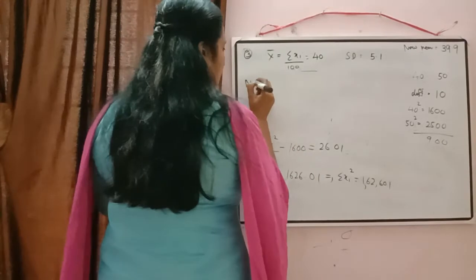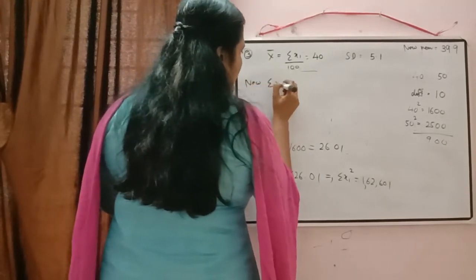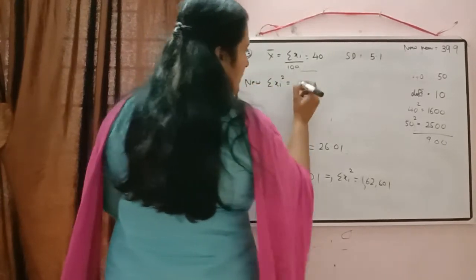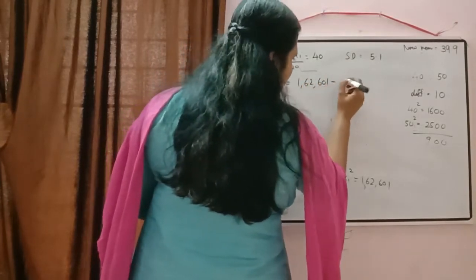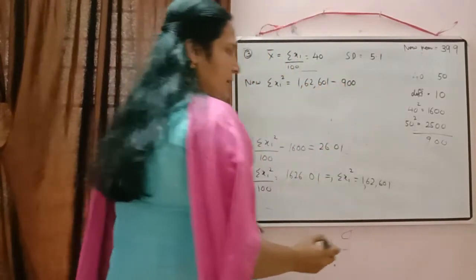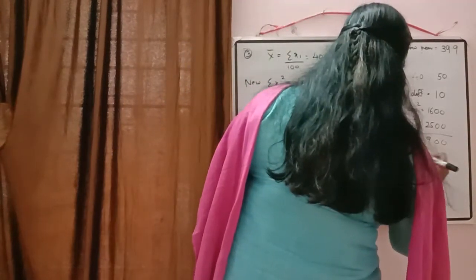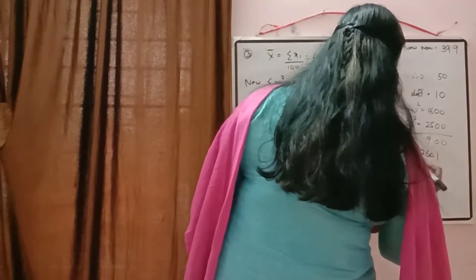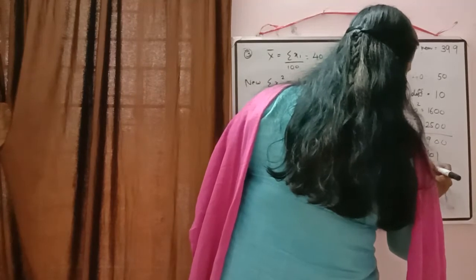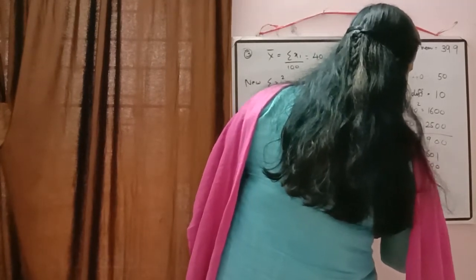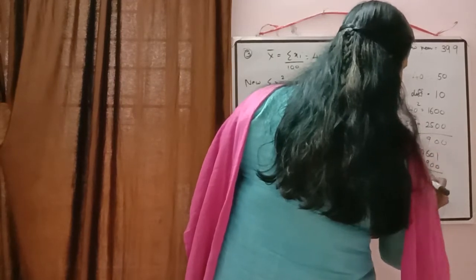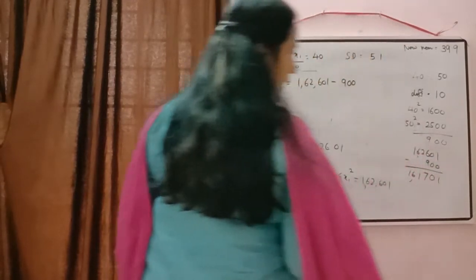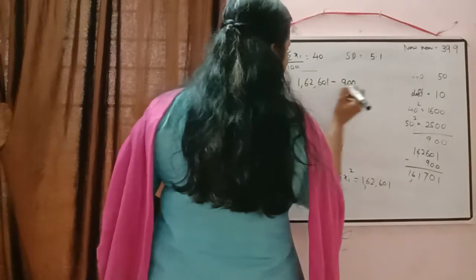Now here you can write down there new value of sigma xi square is equal to 1,62,601 minus 900. Now we can do the subtraction here. 1,62,601 minus 900. So we'll get there 1,61,701.